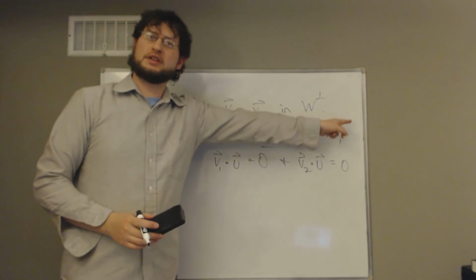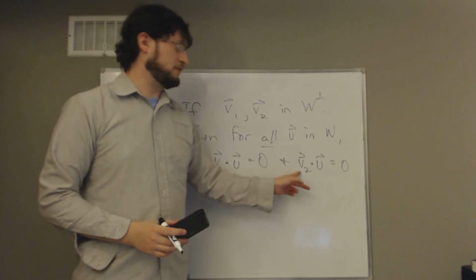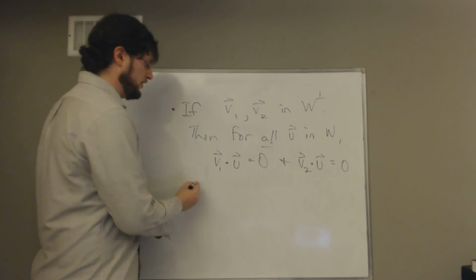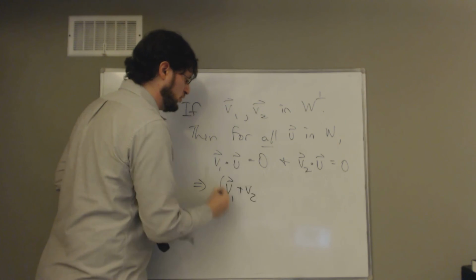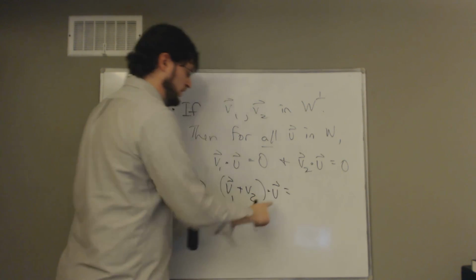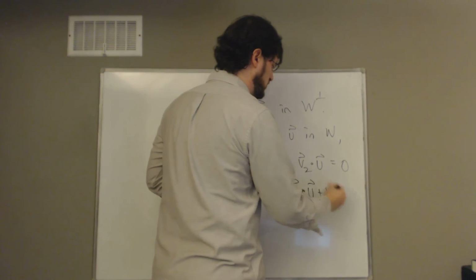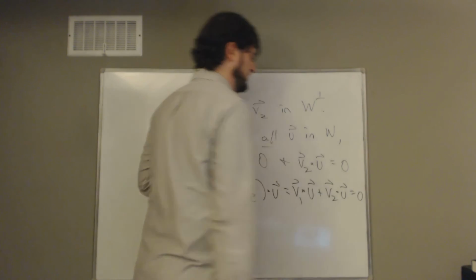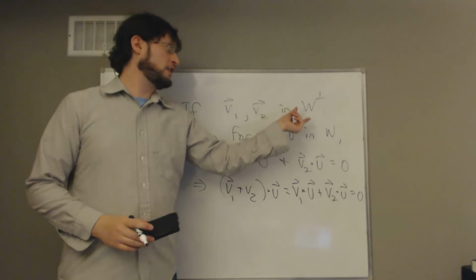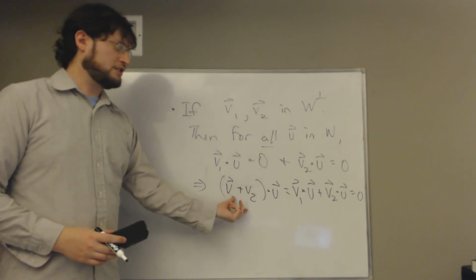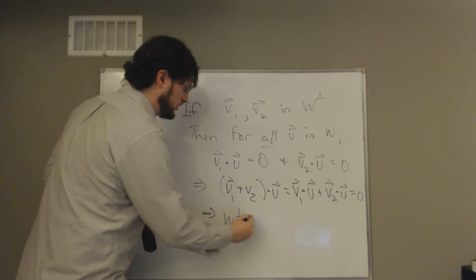For any vector in W, this vector dots to 0 with u, and so must V2, because we're starting with two things that are in W perp. But this means that V1 plus V2 dot u, well, this distributes, so I get V1 dot u plus V2 dot u, which is 0 plus 0, which is 0. So it's closed under addition. I started with two vectors that were in W perp, and their sum also dots to 0 with any vector. So W perp is closed under addition.